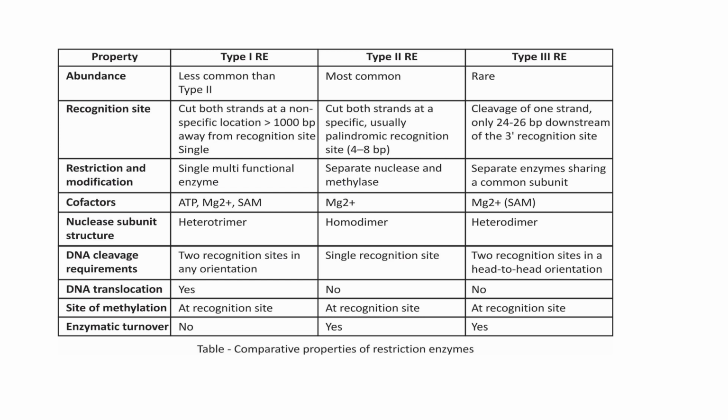All require magnesium ion. You see here, all require magnesium ion, and the nuclease subunit structures are there. Type 2 is a homodimer. You have to remember that type 2 is a homodimer, and type 2 has a single recognition site. This is the most important one. The site of methylation takes place at the recognition site, and in type 2 it is also operating in the recognition site.